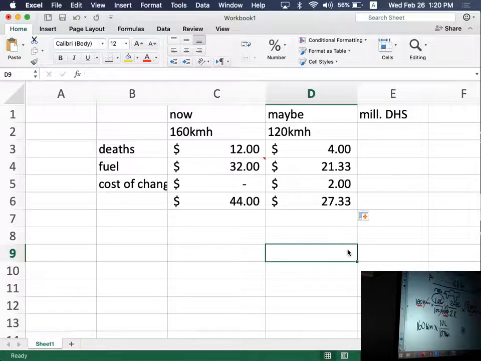If you have a smaller car, it's much better, right? On average. So these 160 kilometers, how many liters of gasoline? 16 liters of gasoline. Yes? So this is 16 liters of gasoline.